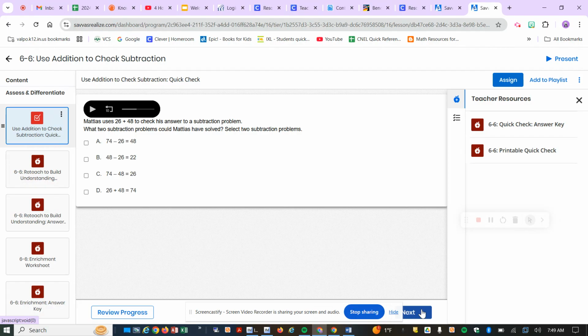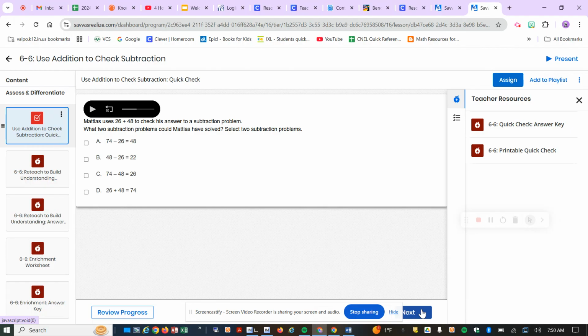I'm not sure I know how to pronounce that name. I'm going to say Matthias uses 26 plus 48 to check his answer to a subtraction problem. What 2 subtraction problems could Matthias have solved? Select 2 problems. In order for you to get all of the points for this problem, you need to choose 2 answers. I'm going to give you a hint. Both of those answers should have 46 and 28.